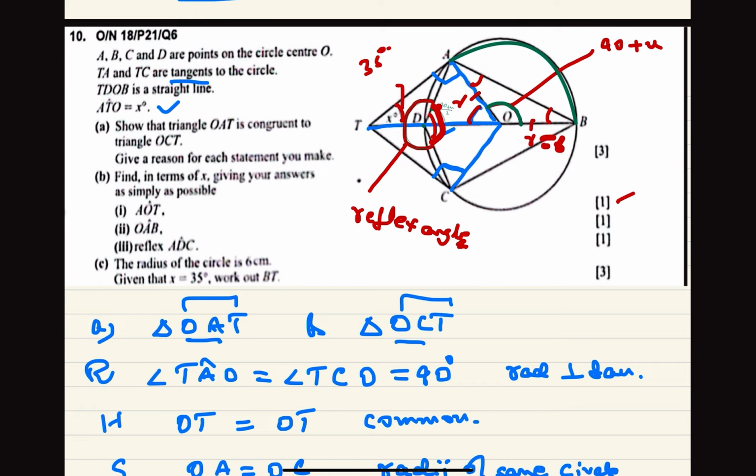Because the radius is 6, I'm going to highlight this triangle. I'll find out this OT. How? Because if this is 35 and this is 6 centimeters, I can find out this OT by opposite over hypotenuse, by applying sine 35.